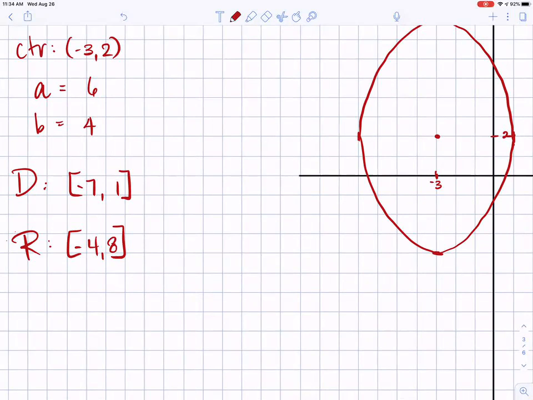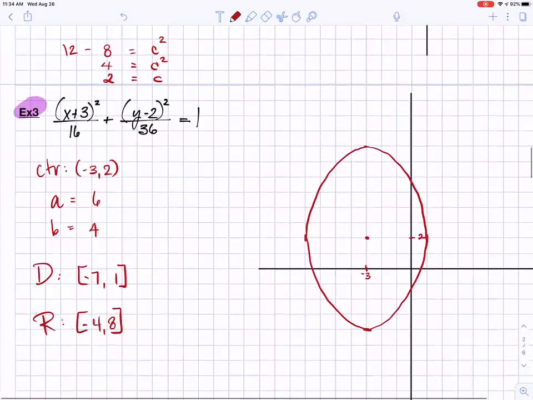If you go up 6 units, 2 plus 6 is 8. Again, you can count blocks if you want to. Counting blocks would be a real pain if your A and B values were something like 45 and 92. That could get tricky, so the math is good to know there.